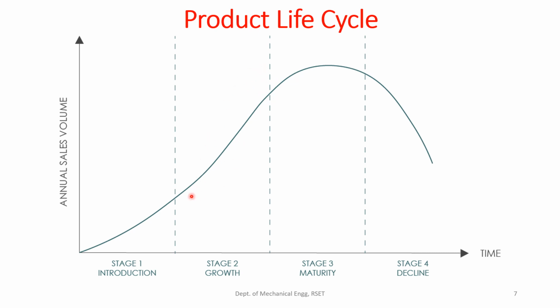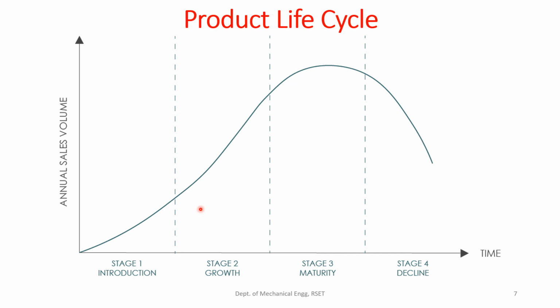Now it is not essential that all products introduced into the market go into stage 2, that is stage of growth. Some products, they die prematurely. That means they are withdrawn from the market due to the fact that you do not observe a stage of growth even after a long time of introduction.